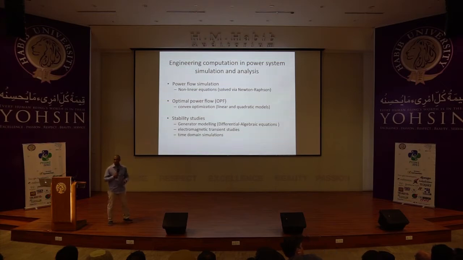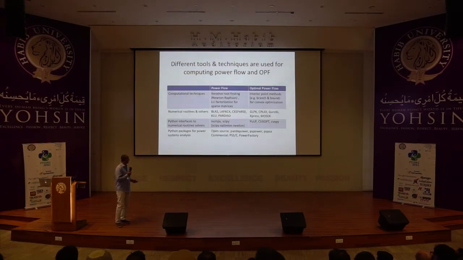That's a different problem, and of course there are much more complex problems regarding differential equations and stability. So to keep it within the Python track, we'll look at a couple of those types of problems today: basic power flow and optimal power flow.